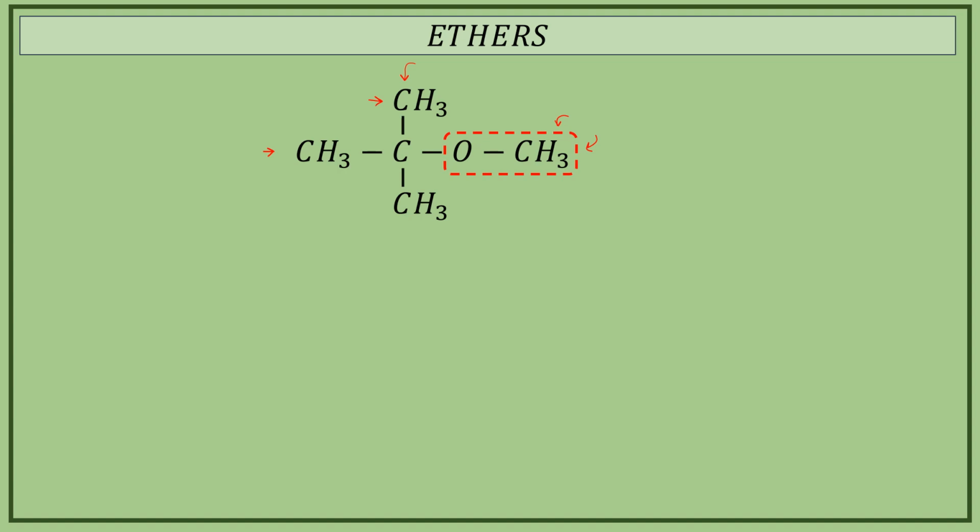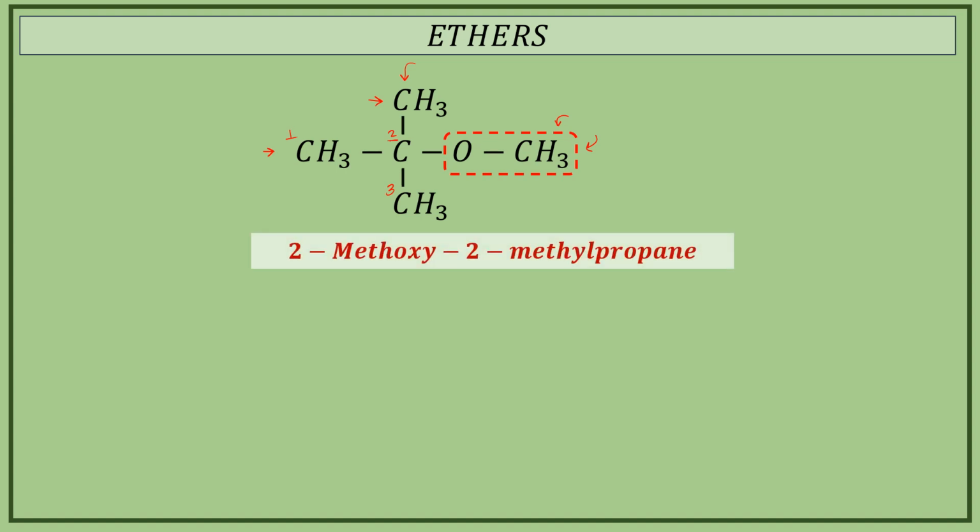We will find the longest carbon chain, that is of 3 carbon atoms in this example. We will write the name of the substituents along with their positions. So both methyl and methoxy have the position number 2 here. So we will complete its naming as 2-methoxy-2-methylpropane.